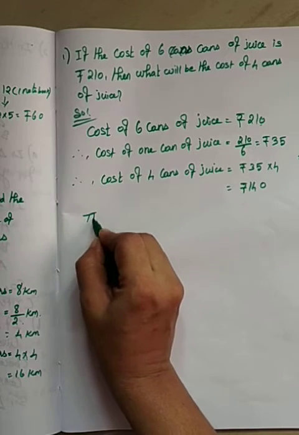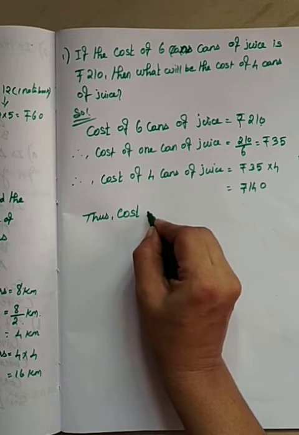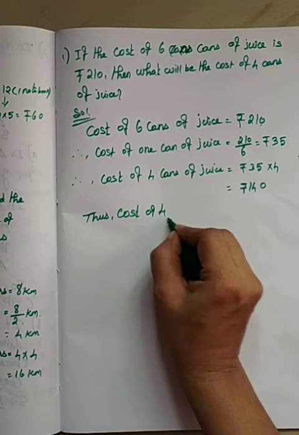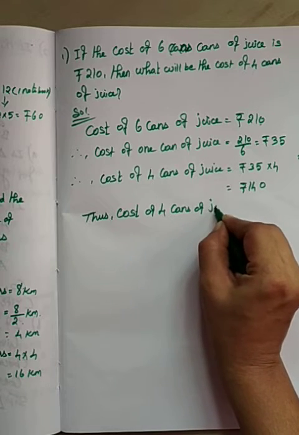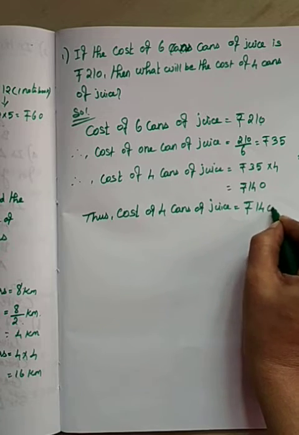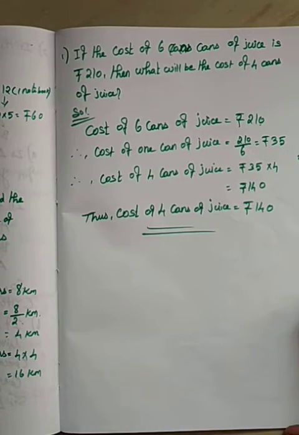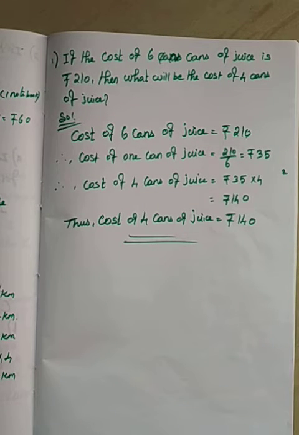Right? So everybody clear? See what is that? If the cost of 6 cans of juice is rupees 210, then you have to find what will be the cost of 4 cans of juice.